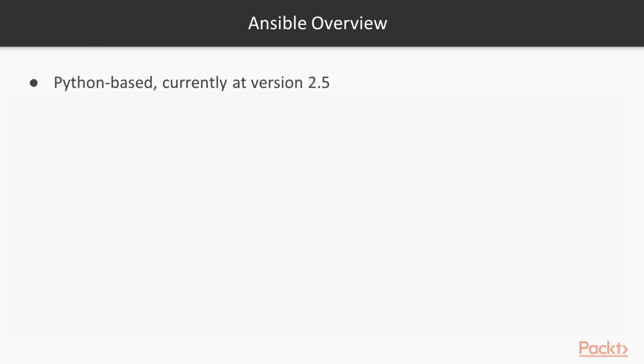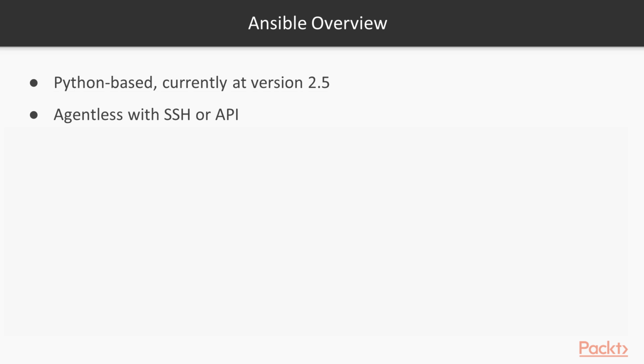Just keep in mind that all the examples given in this section and the next one will be at the latest 2.5, which has quite a bit of syntax change, as well as changes in the method underneath, the network connection methods, the network OS version, and so on. So just keep in mind, this is at 2.5.